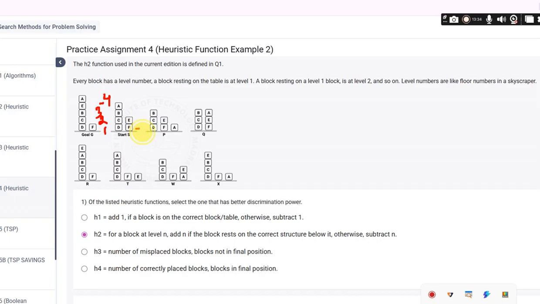This is in correct position, add 1. This is not in correct position, minus 2. So 3 plus 2, 5, plus 1, 6, plus 1, 7, minus 4, 3, minus 2, 1. So the value is 1.